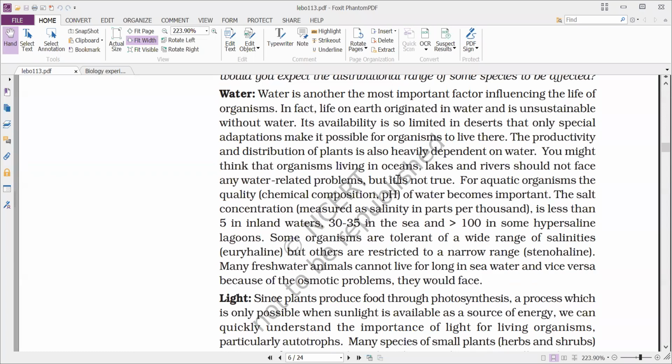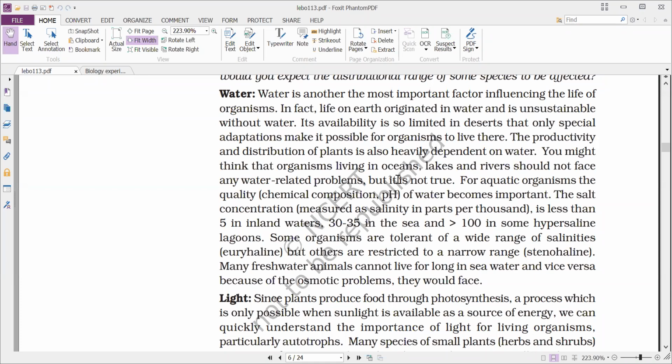And next, another important factor is water. The distribution of organisms in any geographical area mainly depends upon the availability of food and water.